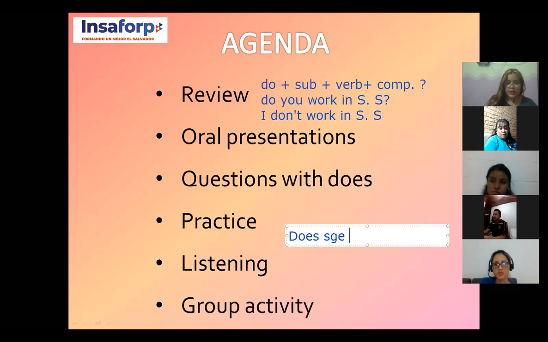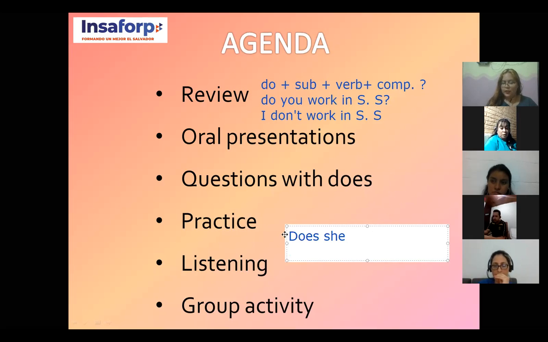Does she, and then tell me a verb or an activity. She's teacher? Okay. Entonces me preguntaría que si es ella una teacher, right? Entonces la pregunta no sería con does, sino con el verbo to be. Is she a teacher?